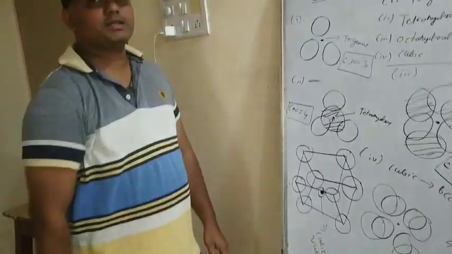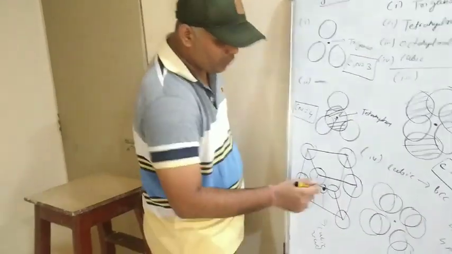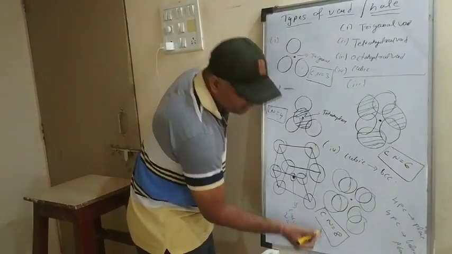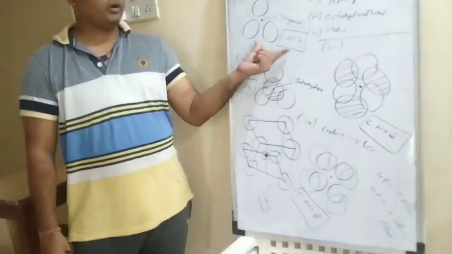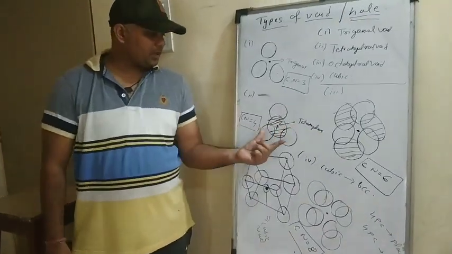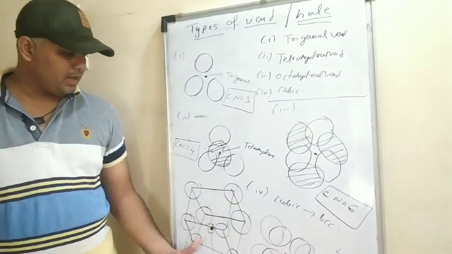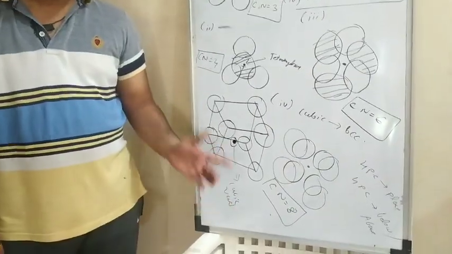I hope this concept is clear to all of you. Now what will be the coordination number? The coordination number will be equal to 8. So the coordination number for trigonal is 3, for tetrahedral is 4, for octahedral is 6, and for cubic is 8.